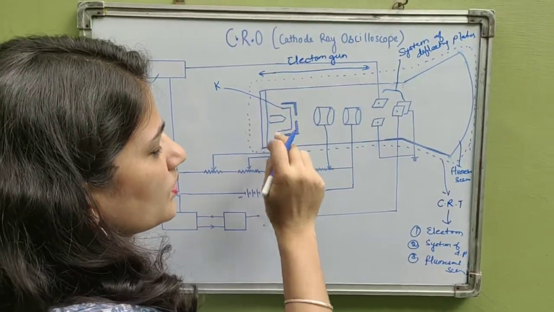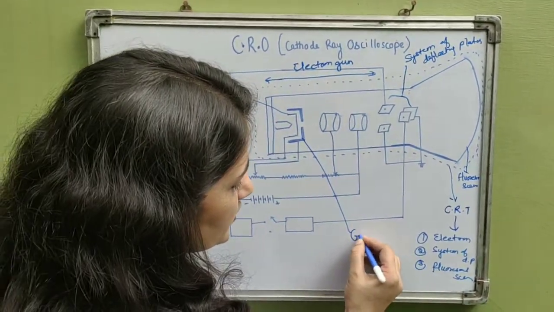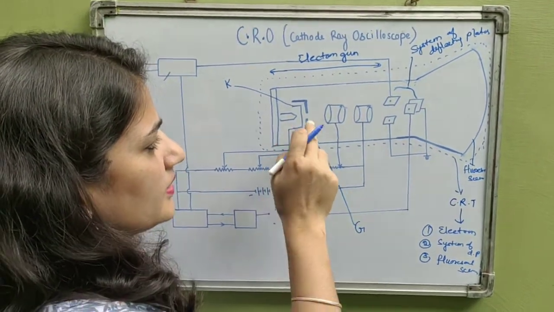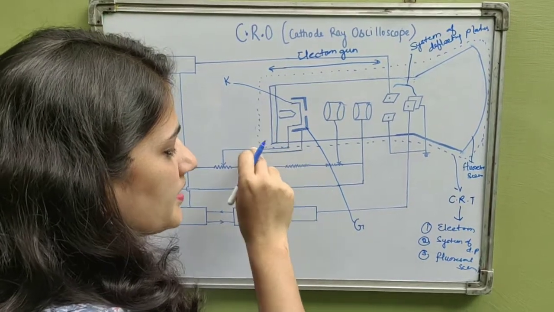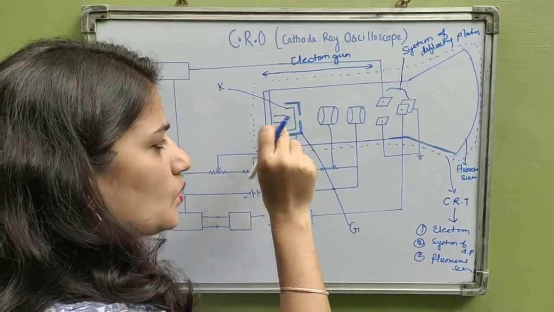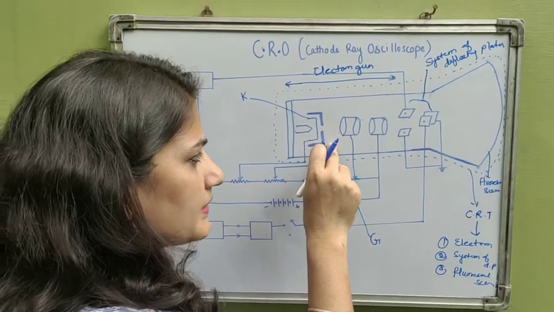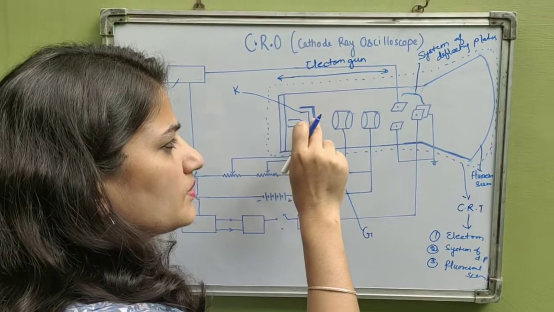After this cathode K, there is a cylindrical grid, denoted by capital G. What is the purpose of this grid? This grid is kept at a higher potential than the cathode. By fixing the higher potential of this grid, we can control the number of electrons passing out from this hole.